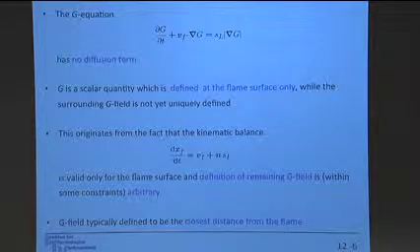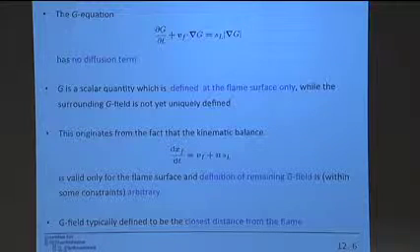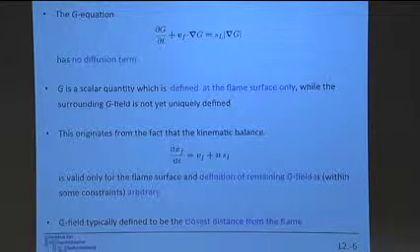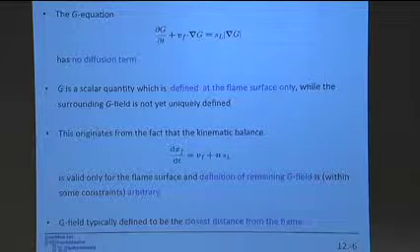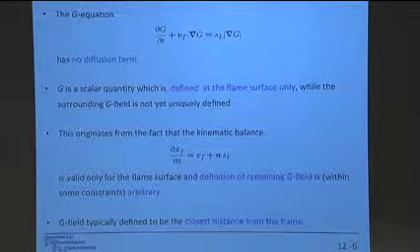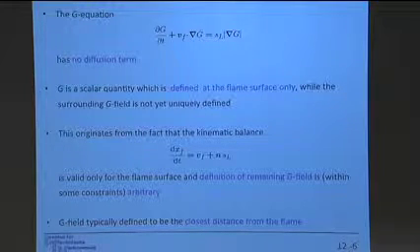And I mentioned, just for numerical purposes, the definition of how you define G is in a sense arbitrary, as long as it's regular. You have a regular field. But typically, as I mentioned earlier, we define G to be a distance function.